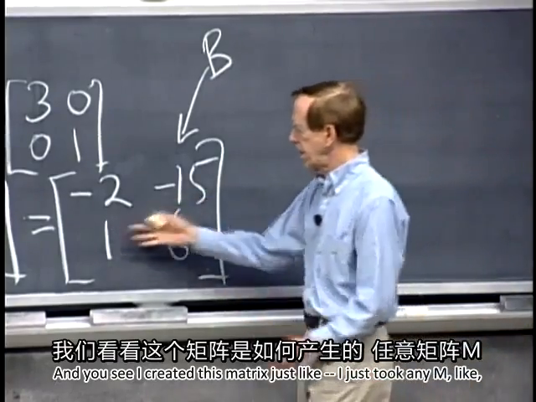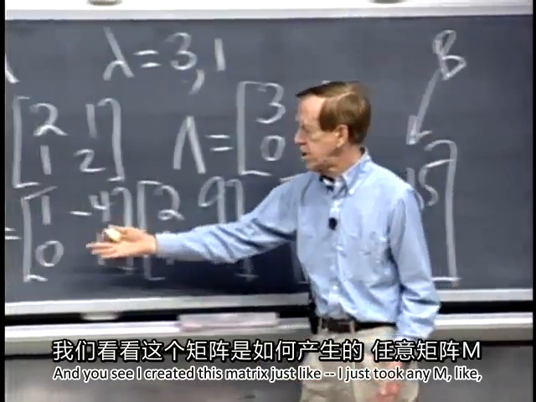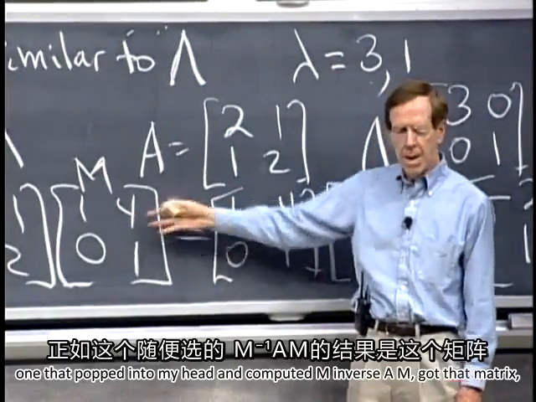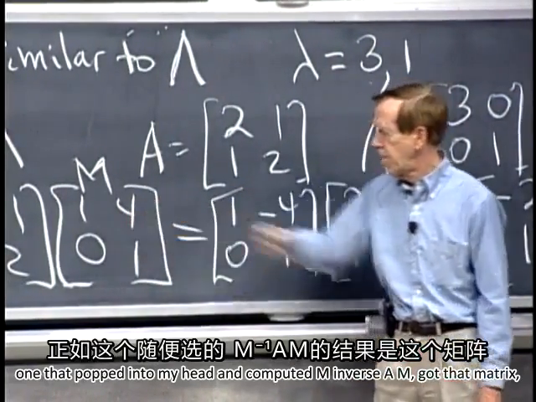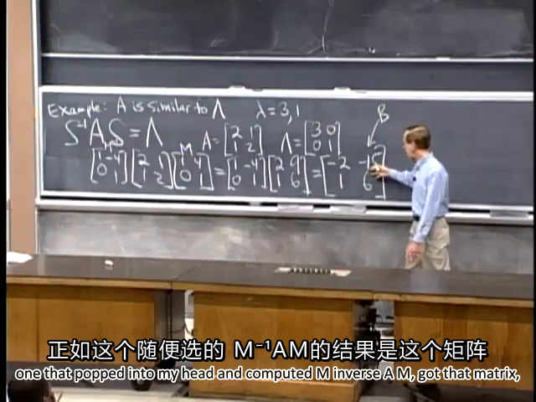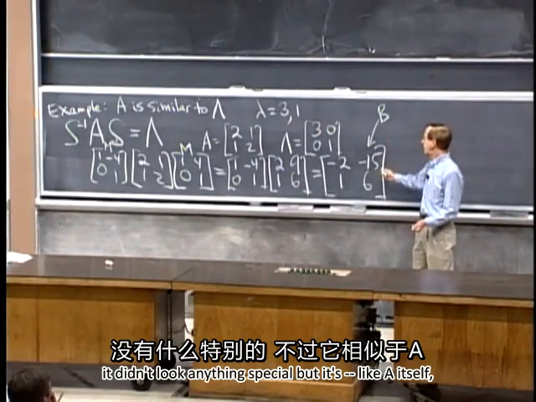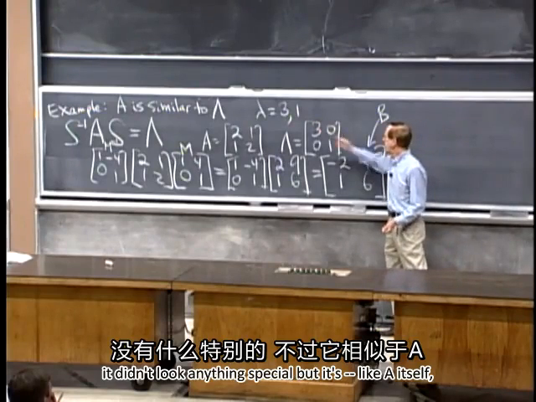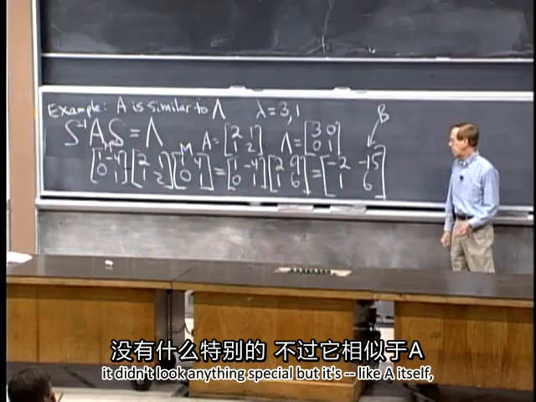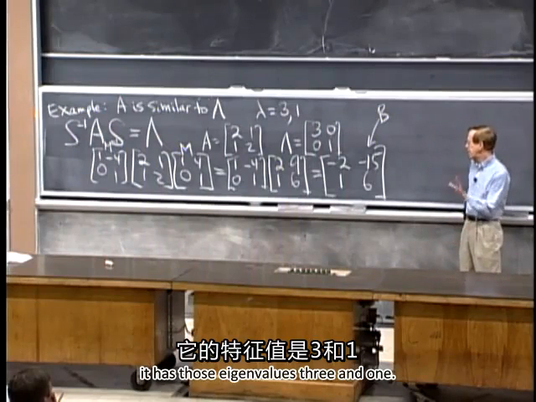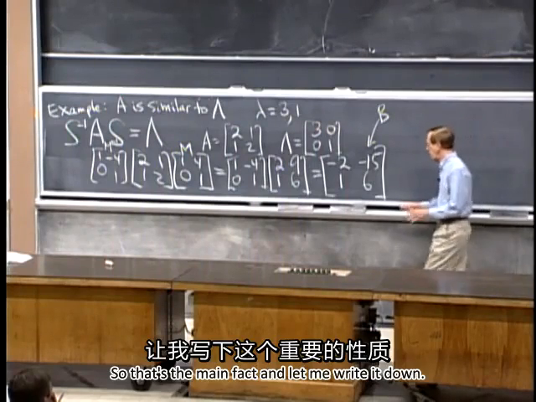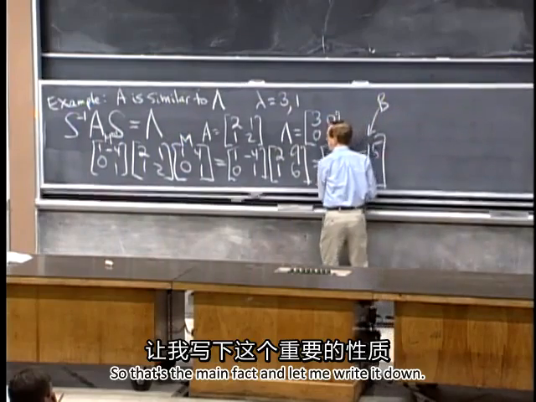And you see, I created this matrix just by taking any M that popped into my head, and computed M inverse AM. Got that matrix. It didn't look anything special, but it's like A itself. It has those eigenvalues 3 and 1. So that's the main fact, and let me write it down.